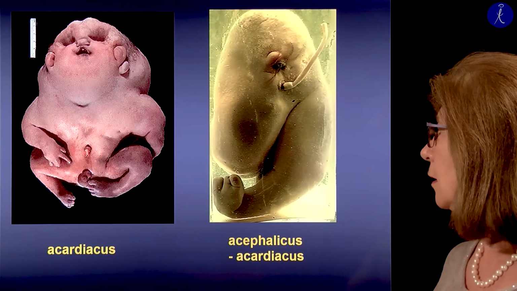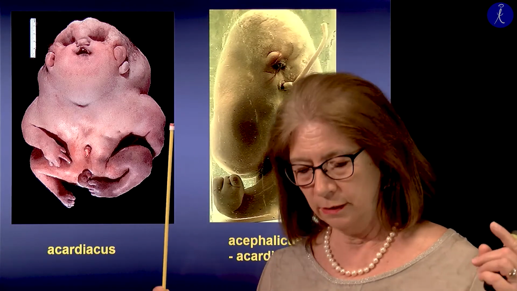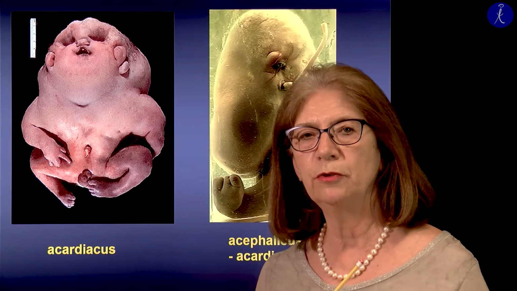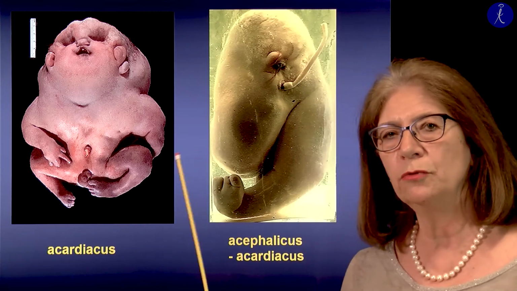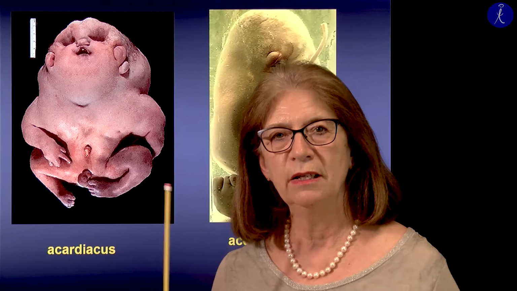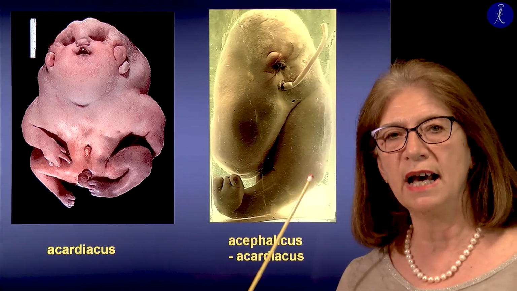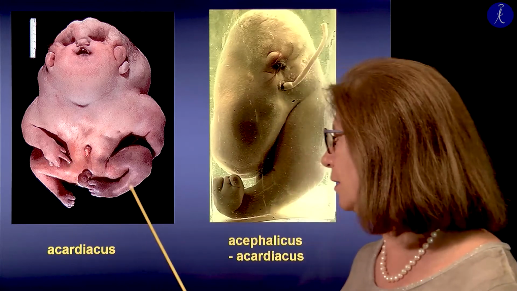Okay. Now, if there is a connection between the circulation of the twins, sometimes one of the twins will take over the circulation of the other twin. Either the other twin will die, or the other twin may be severely malformed, like you see here.